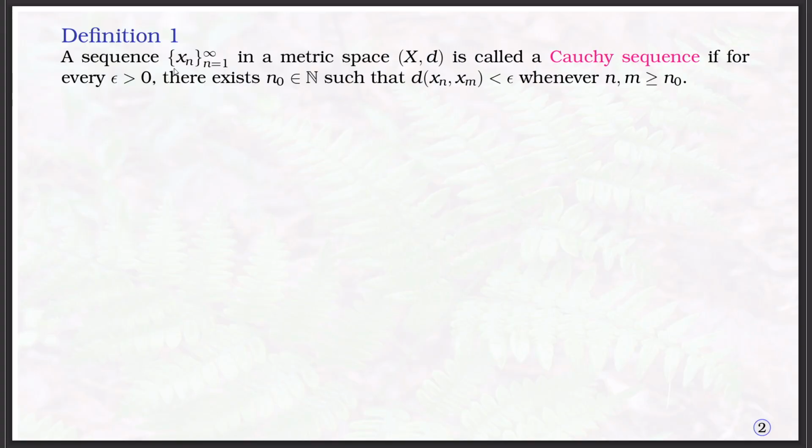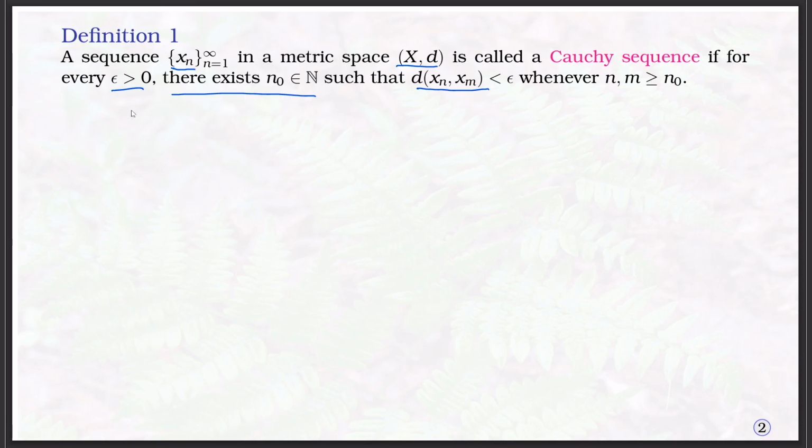A sequence xn in a metric space (X, d) is called a Cauchy sequence if for every epsilon greater than 0 there exists an n naught belonging to N such that the distance between xn and xm is less than epsilon whenever n and m are greater than or equal to n naught.